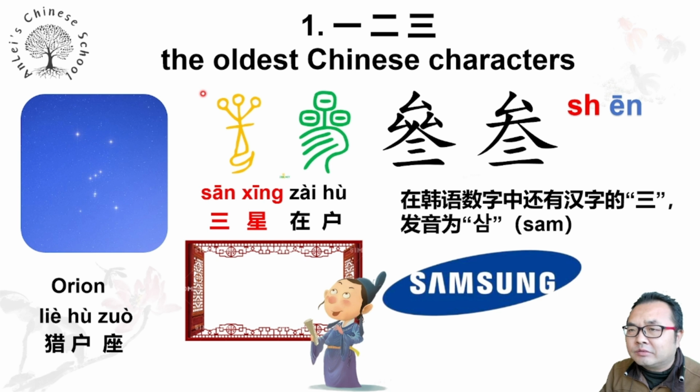That is Orion. In China, we have a saying called 三星在户, 3 stars at the window. If you look through the window, you can see the 3 stars. Sanxing, that's what we call the Korean company Samsung. In Korean, the number 3 is also pronounced sam.